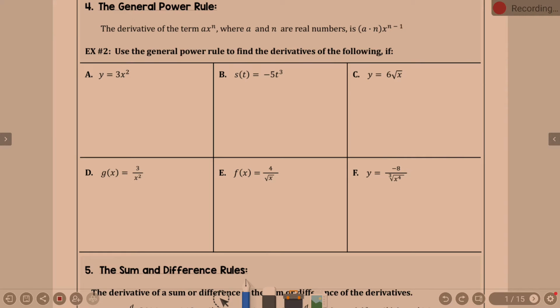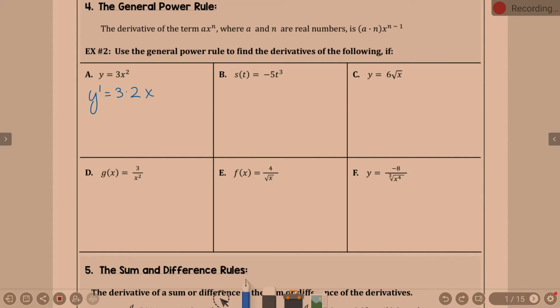y equals 3x squared. So we're going to find y prime. The way I think about this is I already have a 3 there, and we're going to multiply by what power do we bring out front? 2.